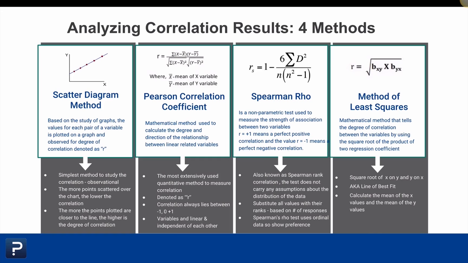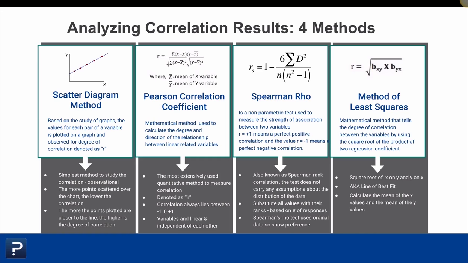The second one is the Pearson correlation coefficient. This is the most popular, most extensively used quantitative method to measure correlation, and basically it is a mathematical method used to calculate the degree and direction of the relationship between linearly related values.